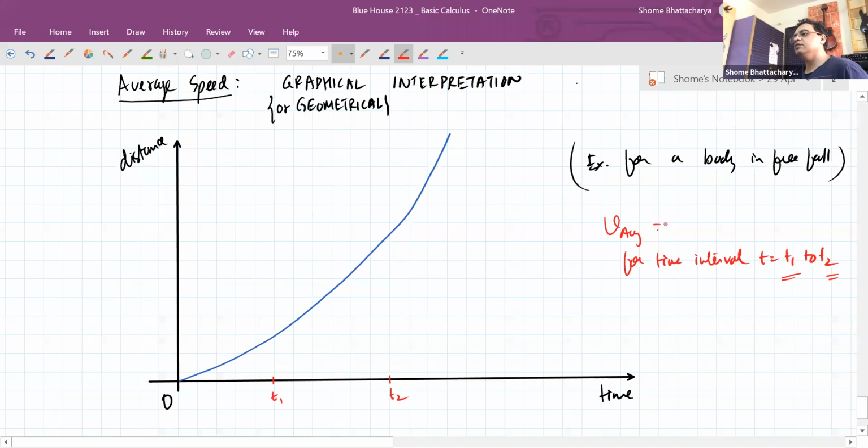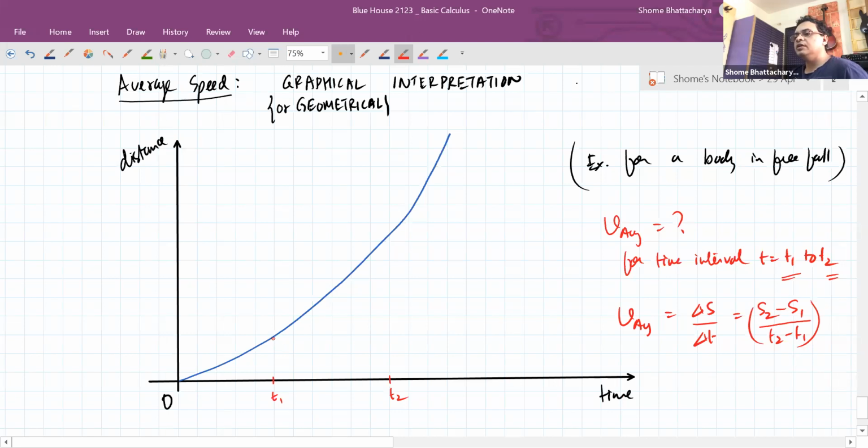So we will define average speed as the distance traveled divided by the time interval. So it is the total distance from the origin or the starting point at time t2 minus total distance from the starting point at time t1 divided by this time interval. So algebraically, this is how I'm defining the average speed for this particular time interval.